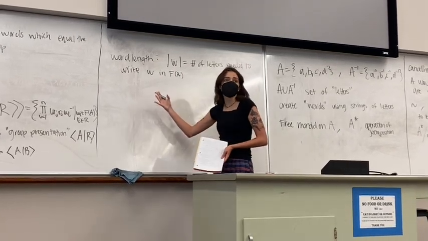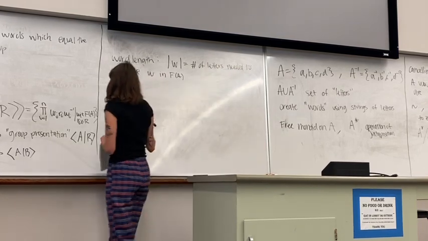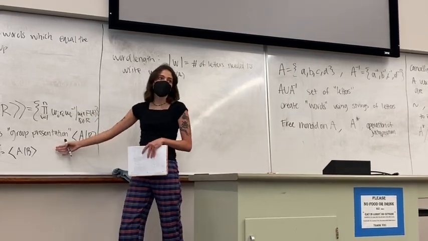And so then using word length, we are able to induce a metric on our group gamma.